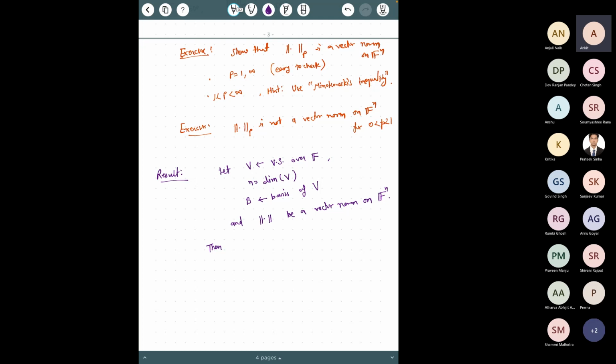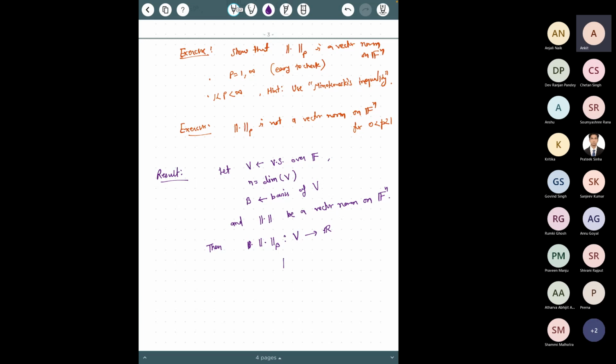How can you do it? Then you can look at this function. Let me denote this function with the subscript B. B is used for the basis, because this function depends on this basis. So this is a function from V to R, and how is it defined?